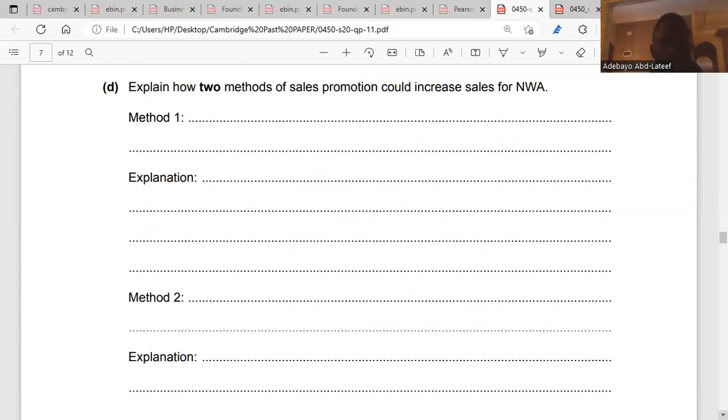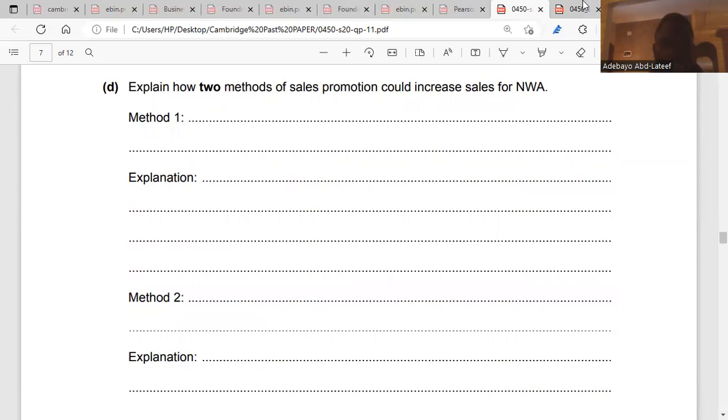Then we go to D. Explain how two methods of sales promotion could increase sales for NWA. So what are the methods you can use? You can use sponsorship. When you use sponsorship, that means you are sponsoring an event. That could improve the reputation of NWA.